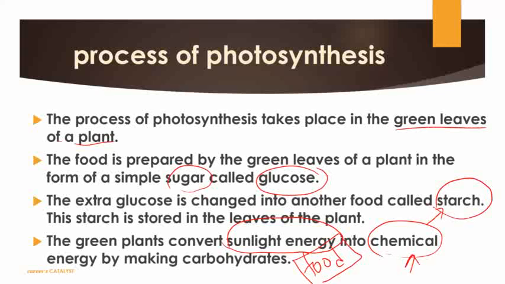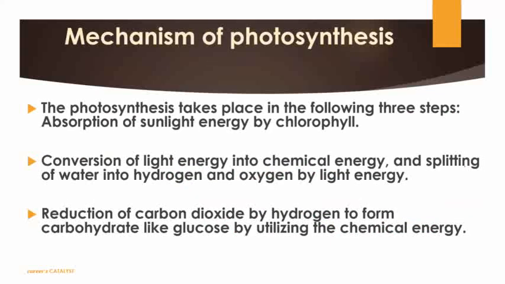Chemical energy. Then they are able to utilize that chemical energy to convert inorganic material into organic material like carbohydrate or glucose. We will discuss this process in the mechanism of photosynthesis.